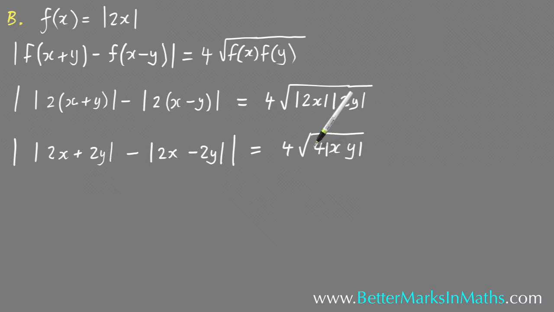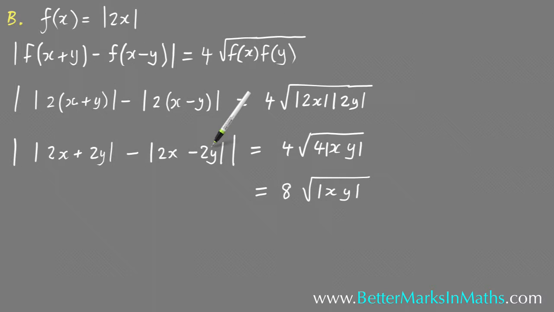You could take this 4 out the front and it would equal 4 times 2, which is 8, square root the absolute value of xy. So here you've got the product of x and y, and then taking the square root of it, and then over here you've got a sum of 2 times x and y minus the difference of 2x and 2y.